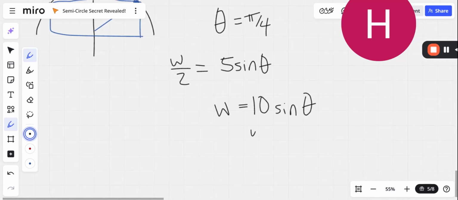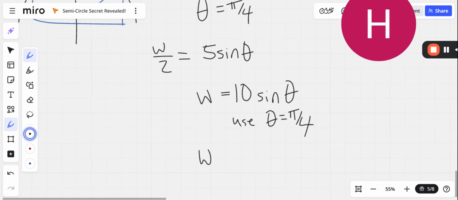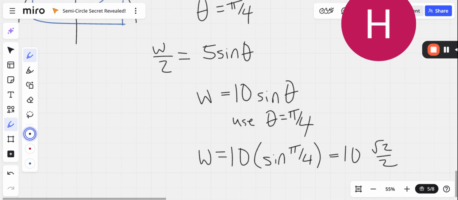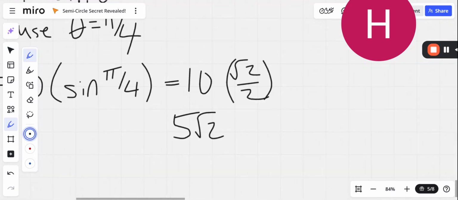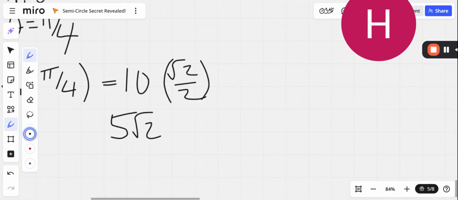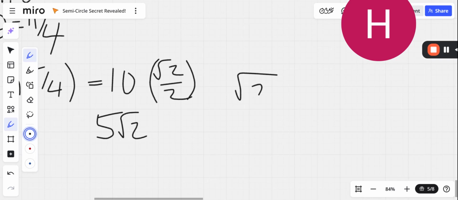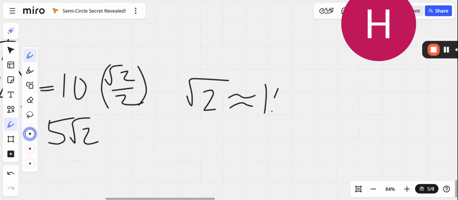We can simply use theta equals pi over 4 to figure that w is going to be 10 times sine of pi over 4, which gives us 10 times root 2 over 2, which means that our w equals 5 square root of 2. Now, for those of you who don't know, that's okay. The square root of 2 is approximately 1.4142135.